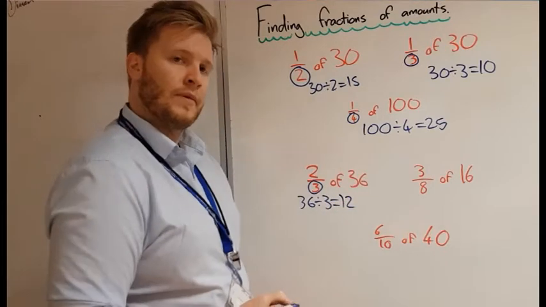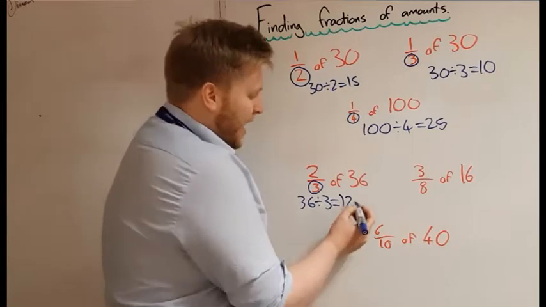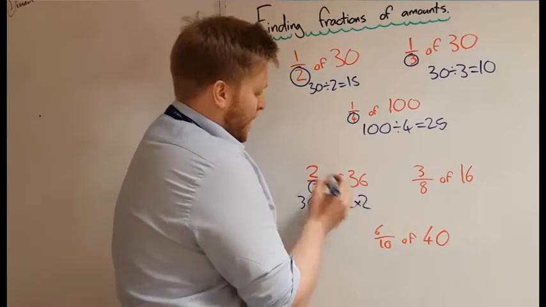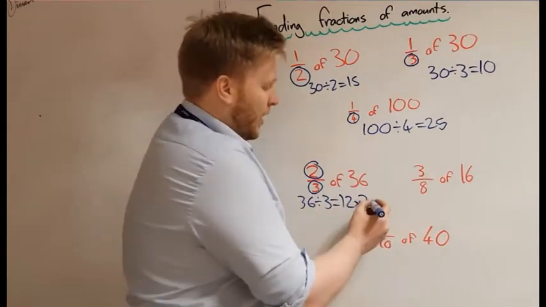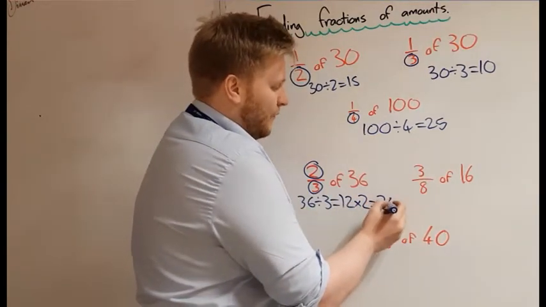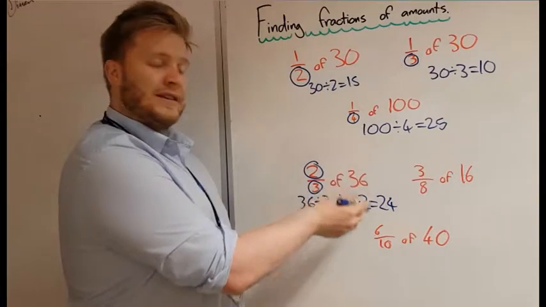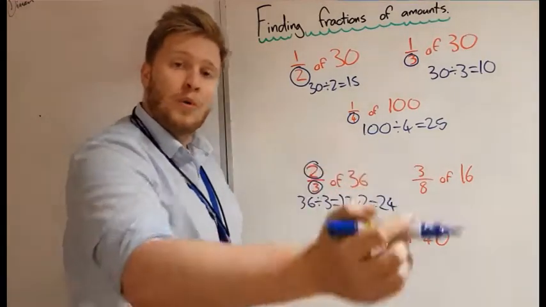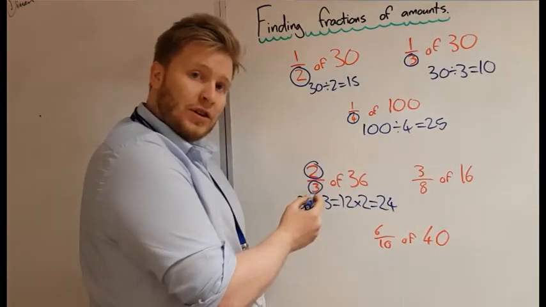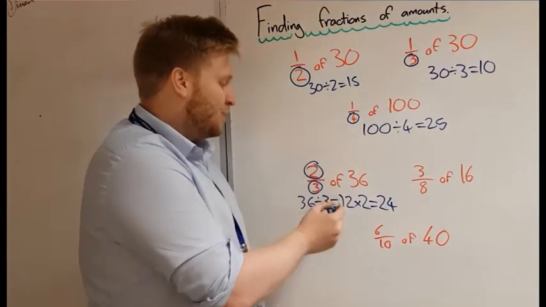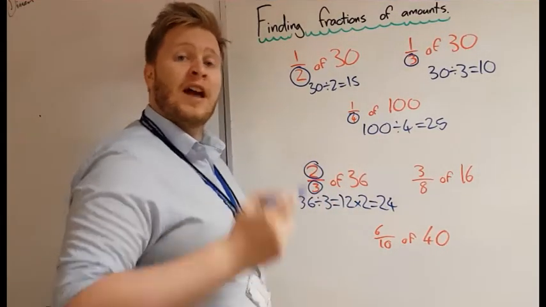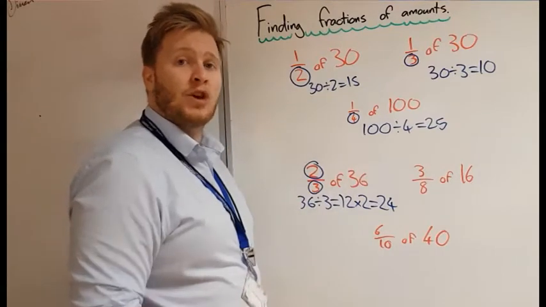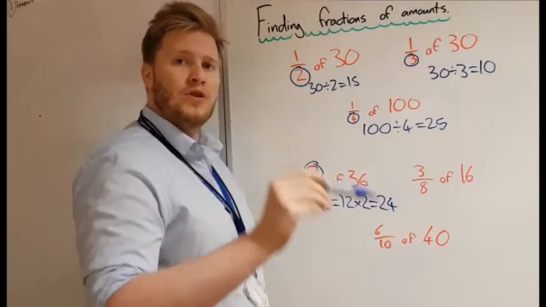Then what we would do is times our answer by 2, because that's our numerator, which is 24. So 2/3 of 36 is 24. What we've done there is divide by the denominator, then times what we get by the numerator. A lot of people might have heard the saying, divide by the bottom, times by the top. That's how you find a fraction of a number.